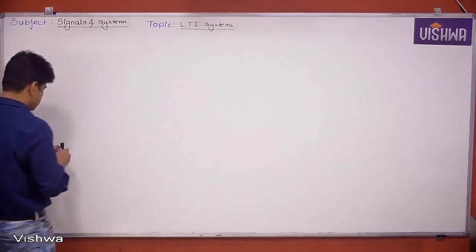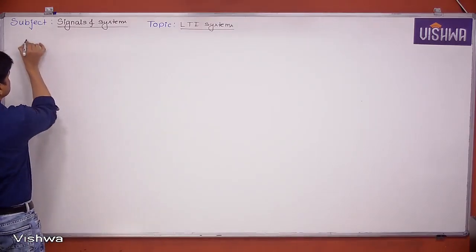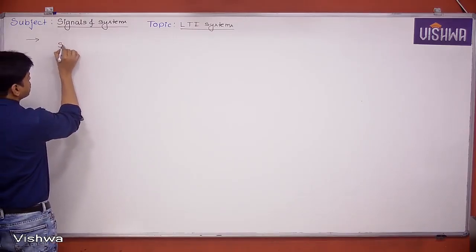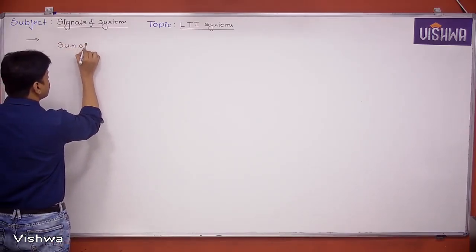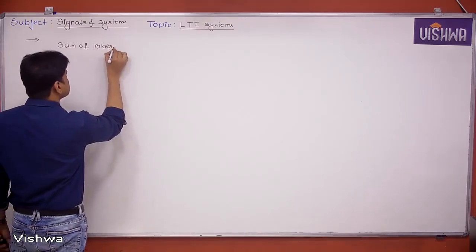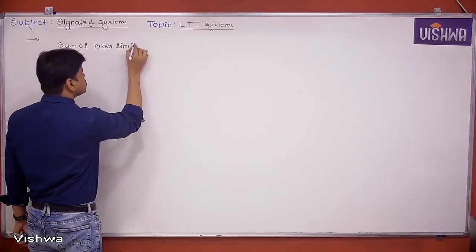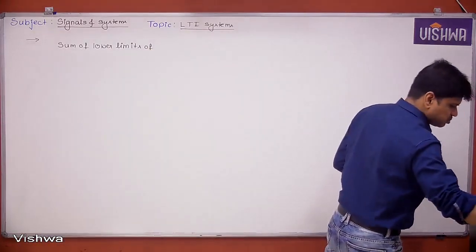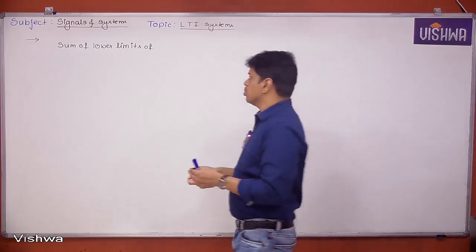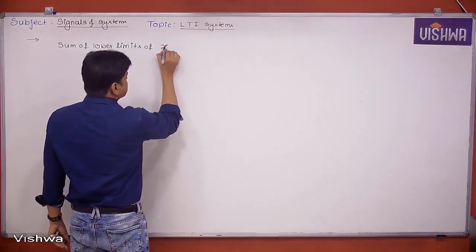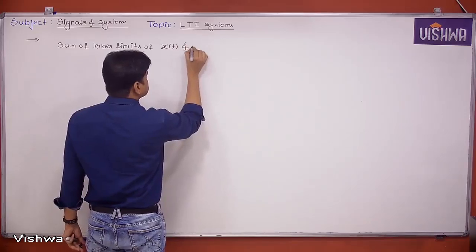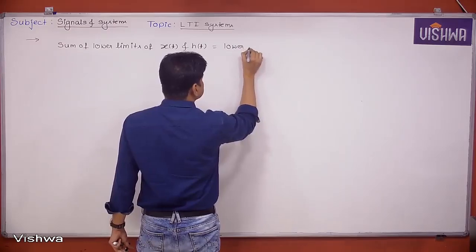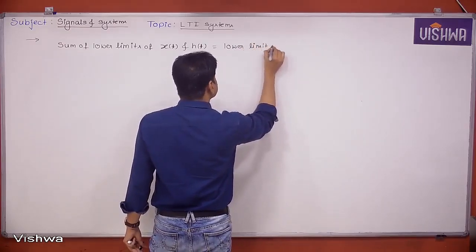This is called the limits property. That means the sum of lower limits of x of t and h of t is nothing but the lower limit of y of t.